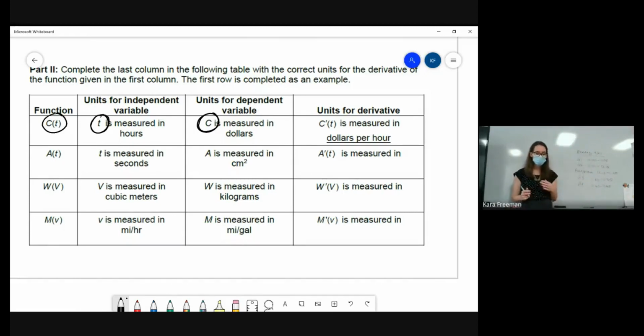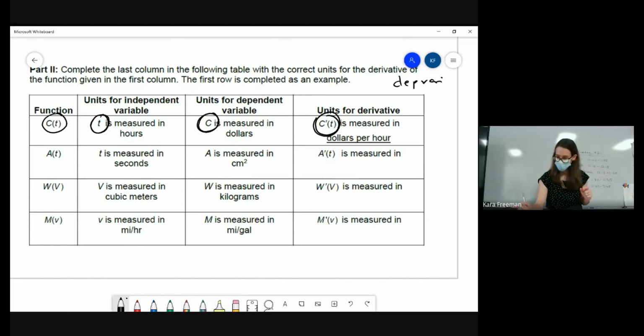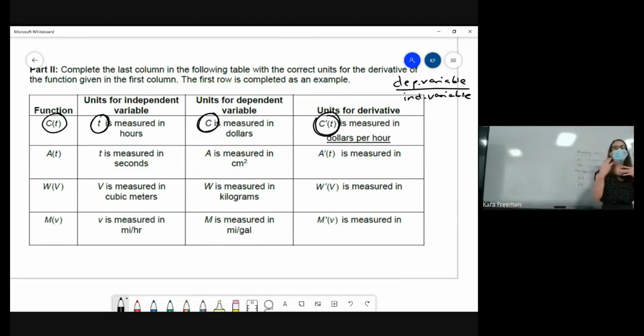So C prime, the derivative of C, is measured in dollars per hour. It's dependent variable units over independent variable units. So just quickly fill out the rest of that chart.